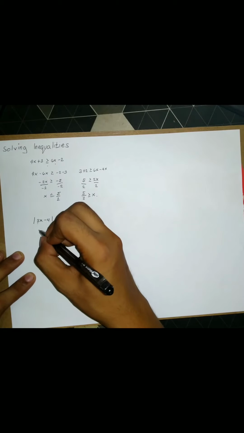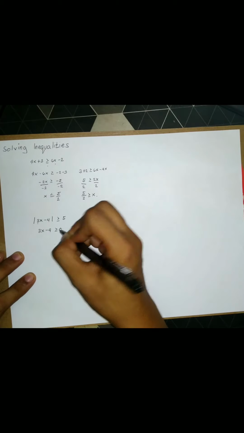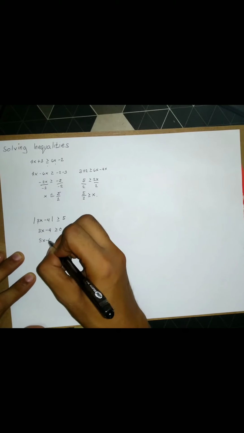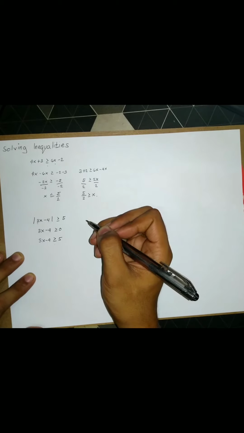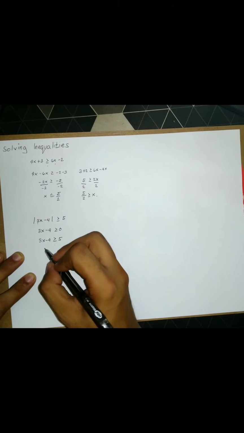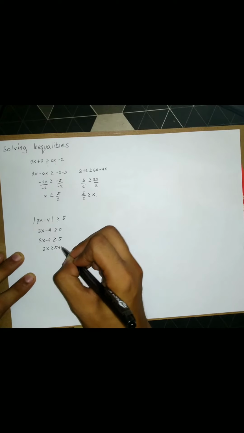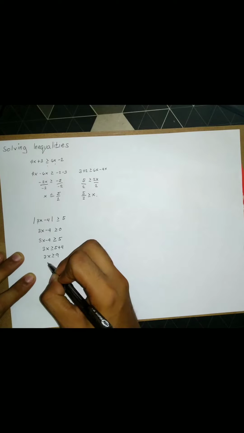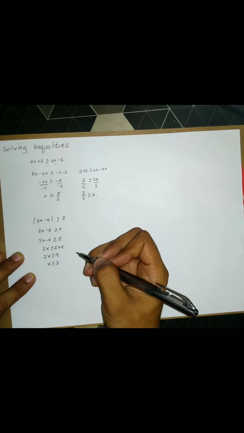So first, assume that 3x minus 4 is indeed greater than or equal to 0. If that is the case, 3x minus 4 is greater than or equal to 5. So that's 3x is greater than or equal to 5 plus 4. 3x is greater than or equal to 9. X is therefore greater than or equal to 3.